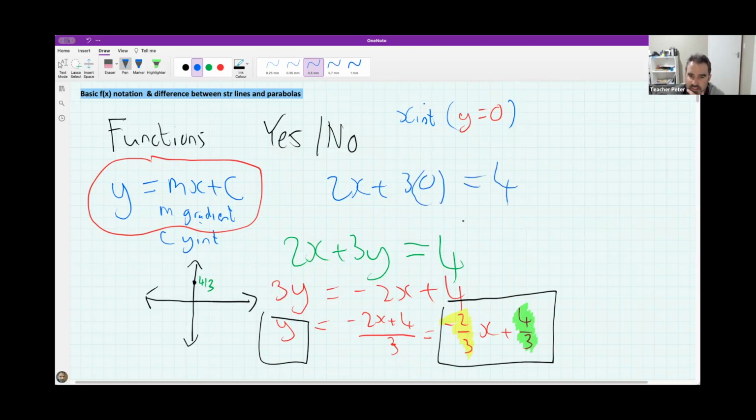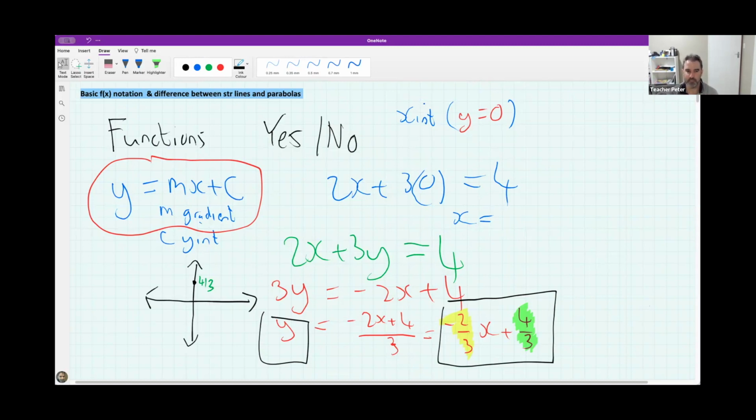Now, what is the value of the x-intercept going to be? So using the blue writing, what is the x-intercept going to be for this graph? Pop your answer in the chat or put your hand up. You can tell me audibly.